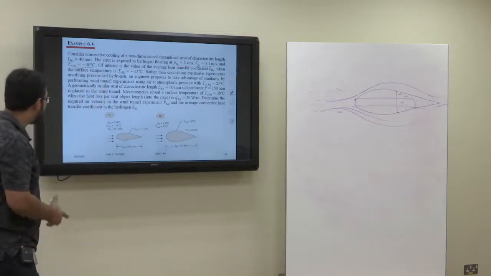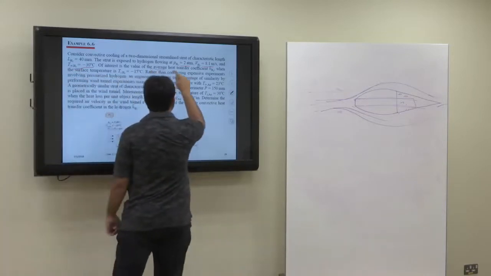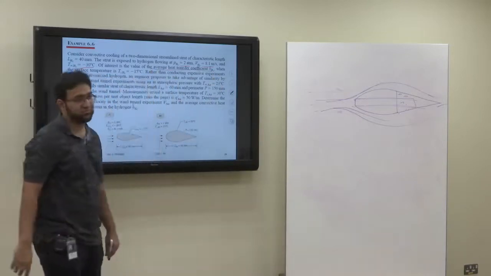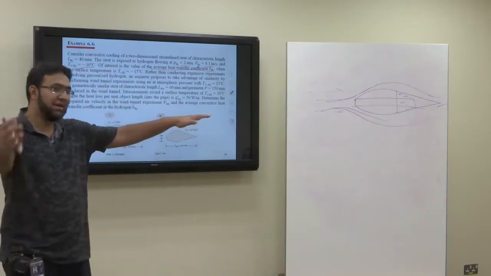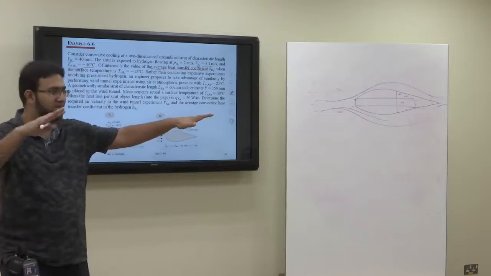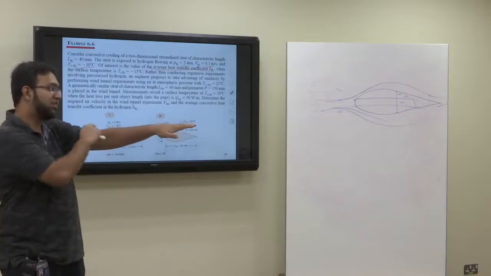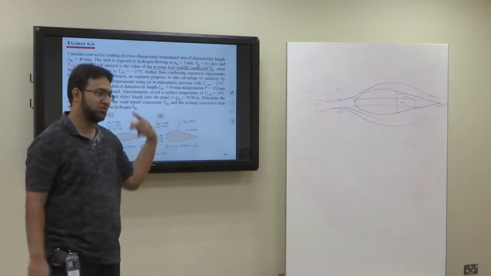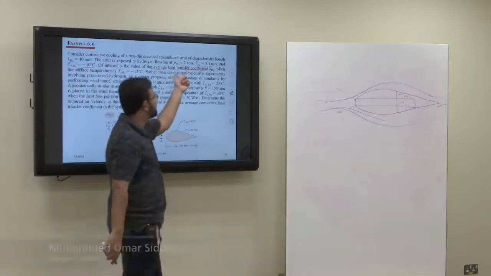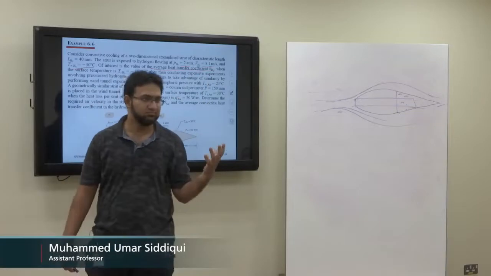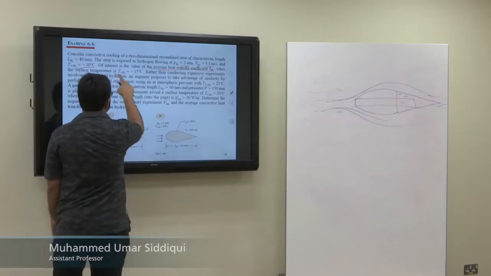Of interest is the value of the average heat transfer coefficient. Now this is our interest. We want to find the average heat transfer coefficient. So we have a strut in pressurized hydrogen at negative 30 degrees, and we want to find out how much is the average heat transfer coefficient from this strut when the surface temperature is negative 15 degrees centigrade.